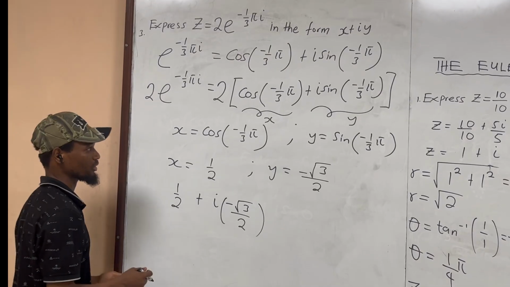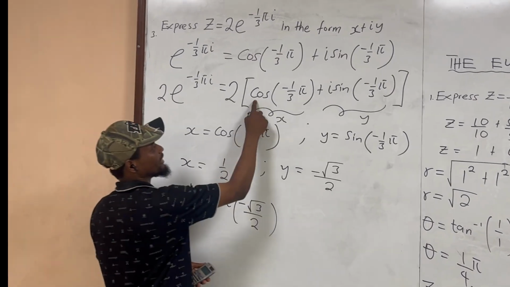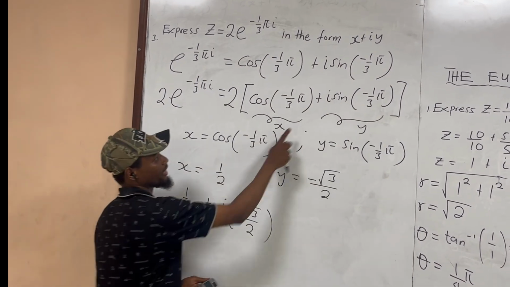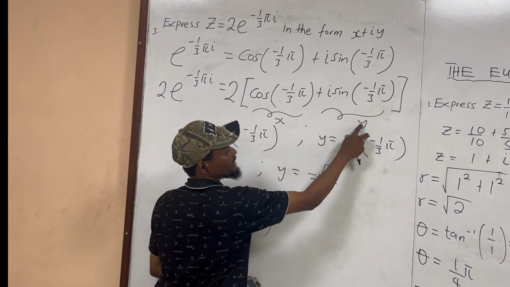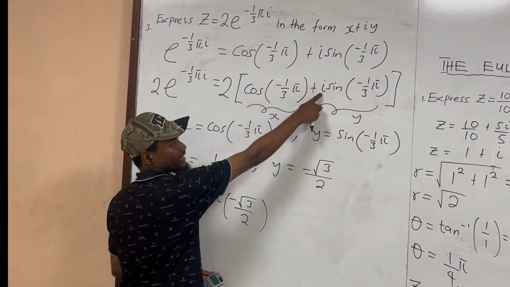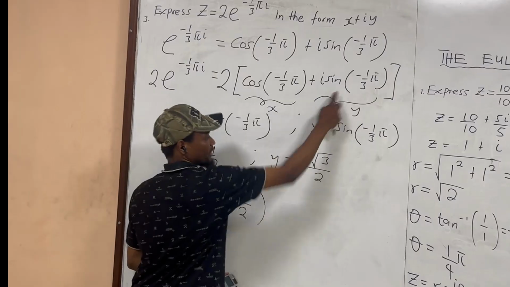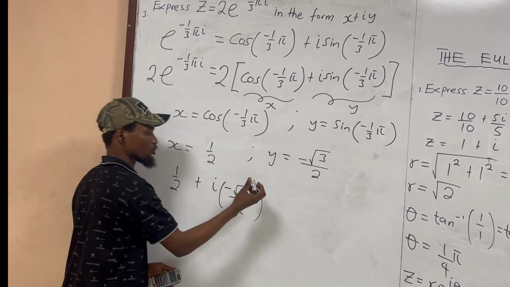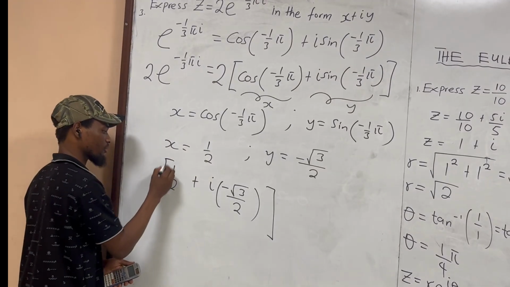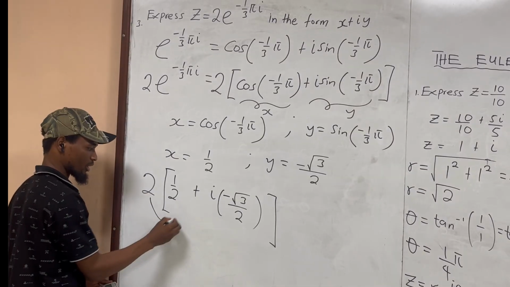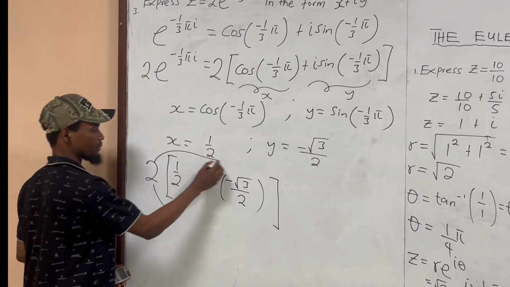So this expression is the half, then the whole of this, which is the y, is equal to this, and this is the i. And this is multiplying 2, you can see 2 here. So 2 multiplies this, and 2 multiplies that.